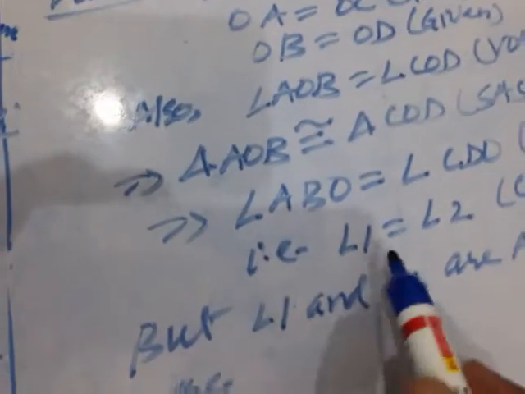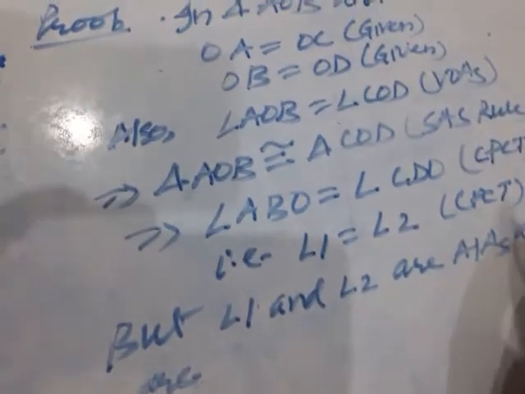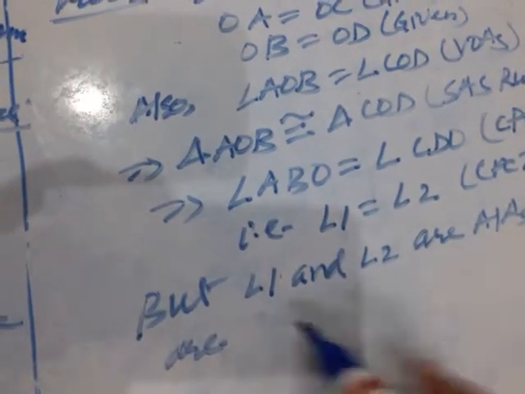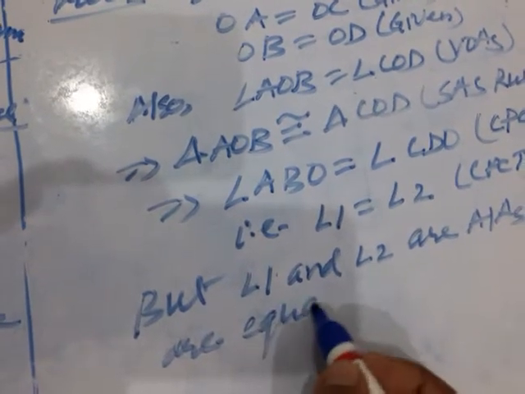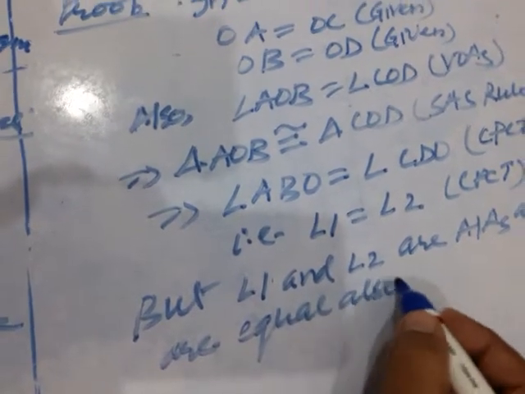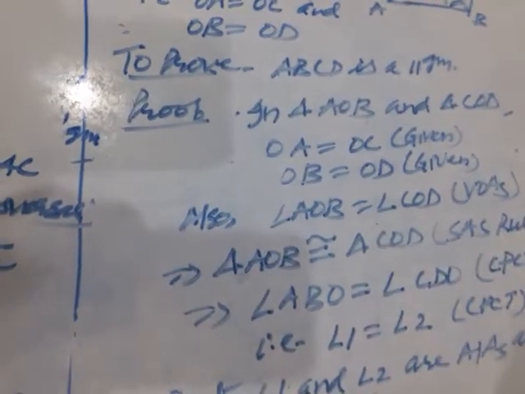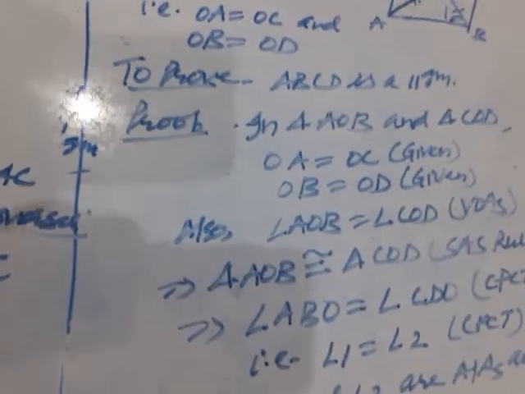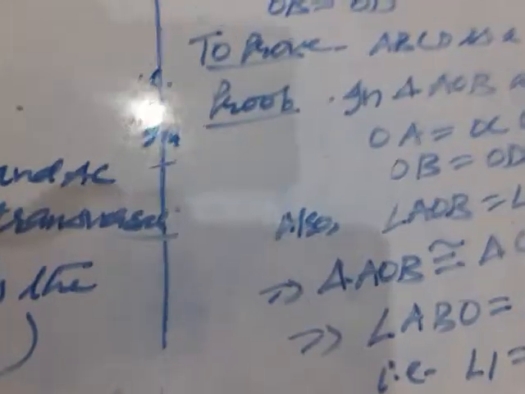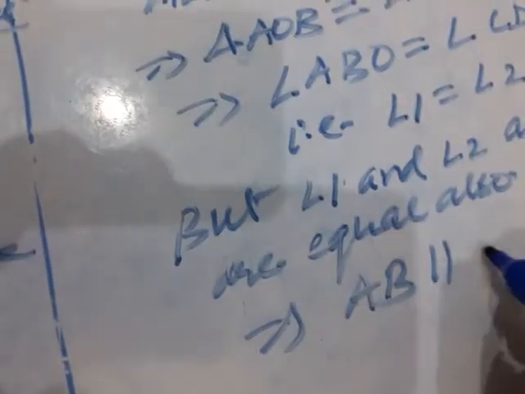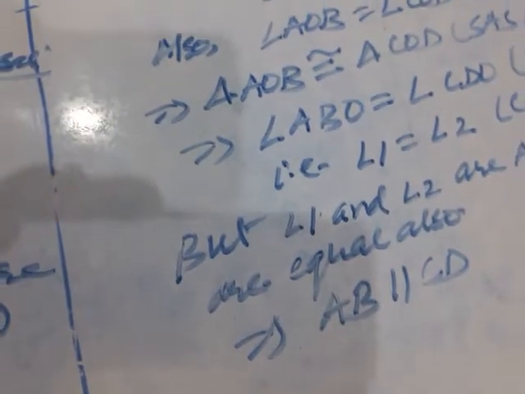Clear? When angle 1 and angle 2 are alternate interior angles and they are equal also, what does it mean? It means that AB is parallel to CD. Clear, children? AB is parallel to CD.